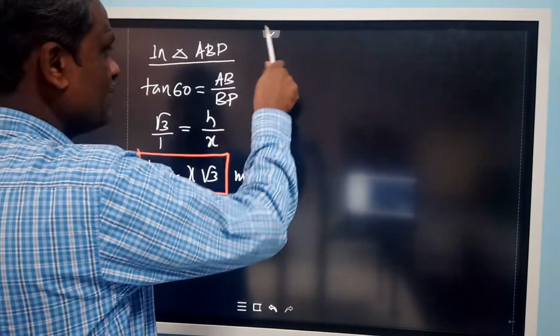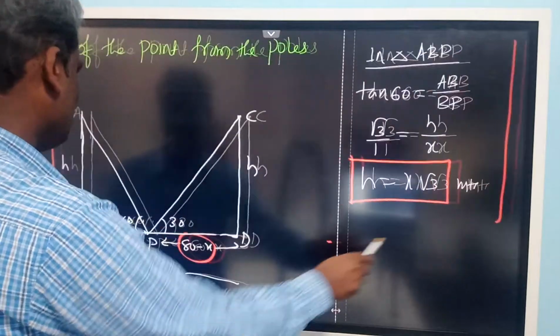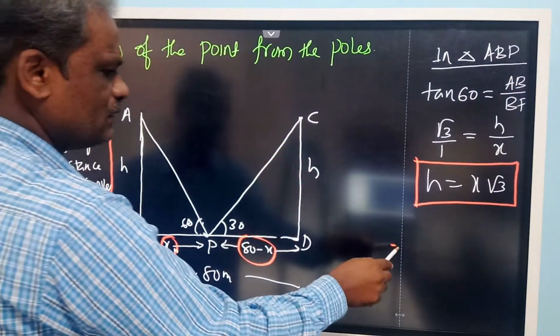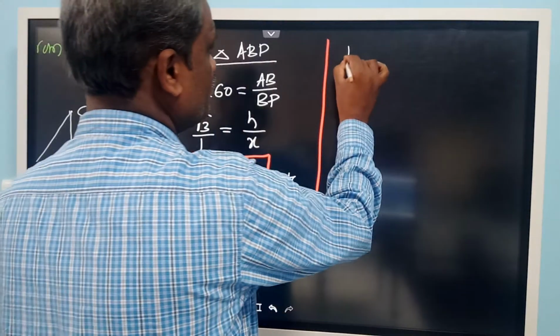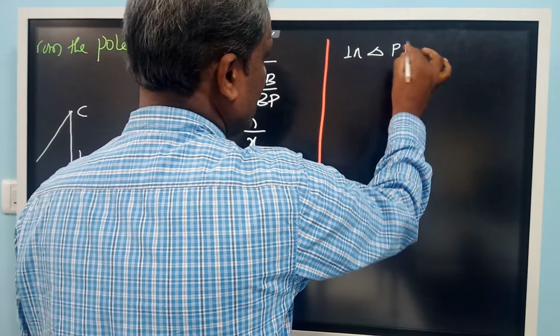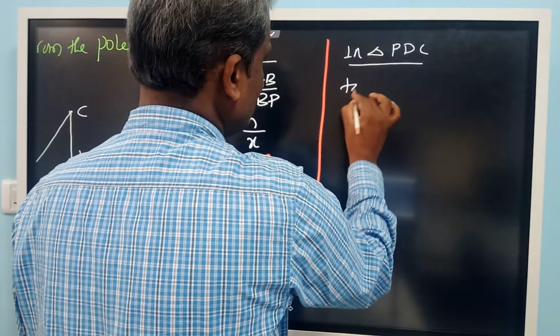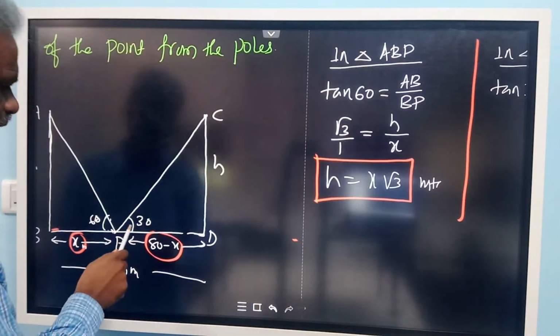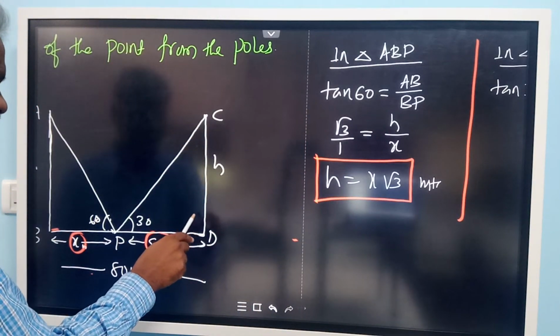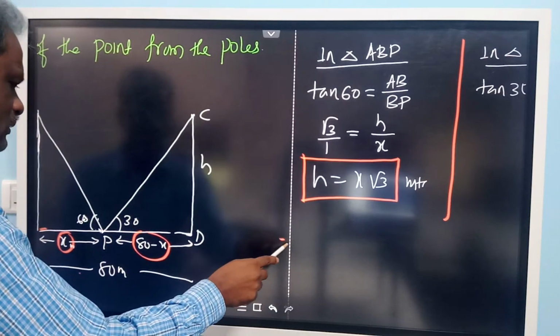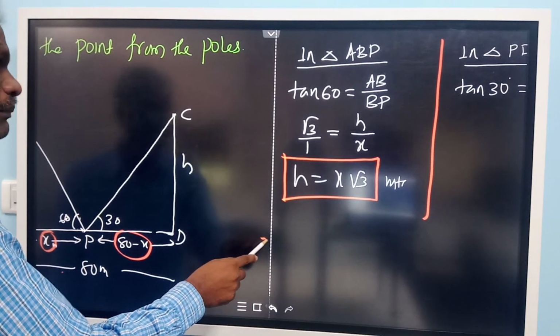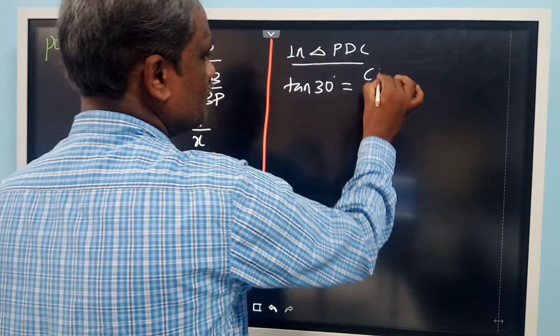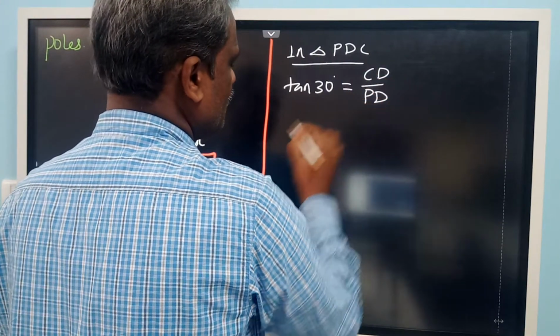Similarly, in the other triangle, it is PDC. In triangle PDC, tan 30 degrees is equal to opposite CD by PD. What is tan 30?